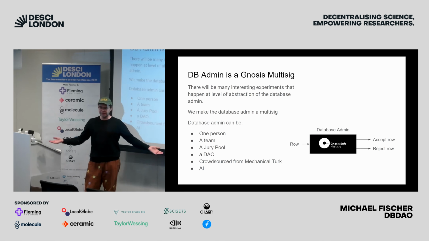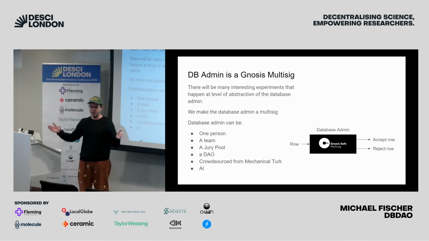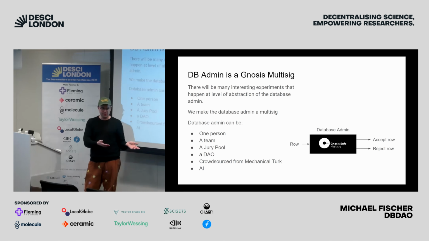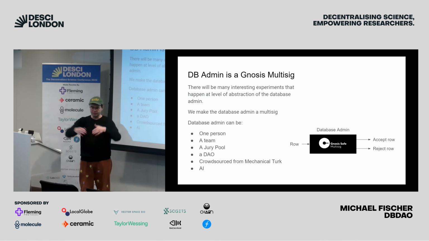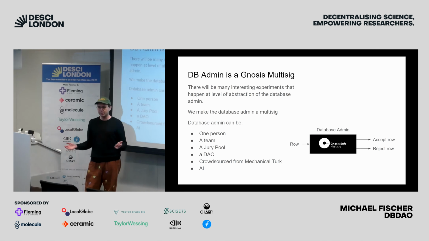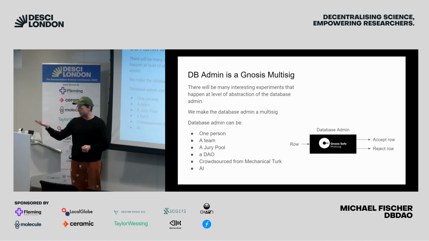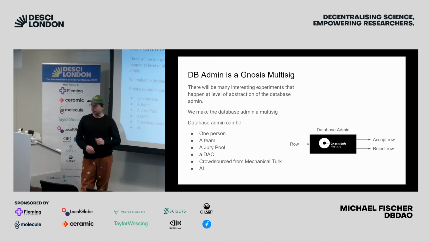It could be like a jury. In some ways, like the jury system we have in the US, you need a certain number of randomly selected people to decide whether or not data should be included. So you could have a large pool of 1 million people who have opted in to adjudicate claims on whether or not something falls within the terms of service. It could be a traditional DAO that's backed by something like Boardroom. You could pay people to be administrators of your database, like crowdsourcing it on Mechanical Turk.